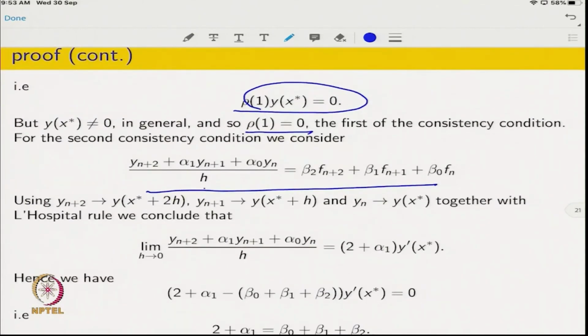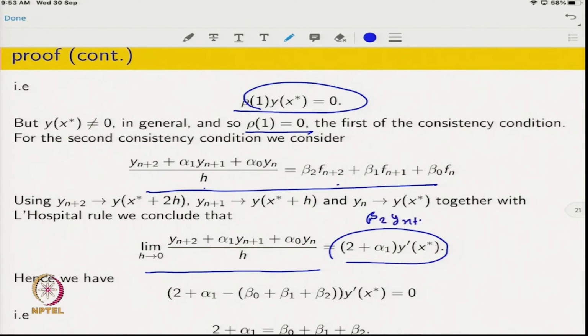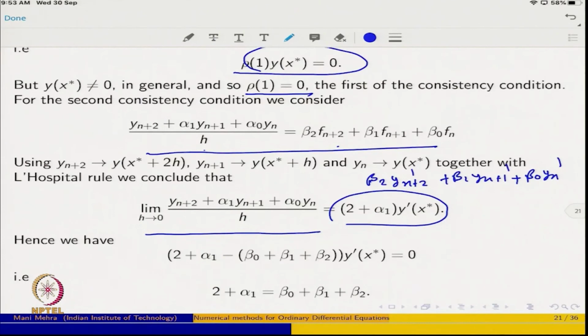Now, if we apply the limits, the left hand side becomes this, and the right hand side is basically beta 2 y(n+2) dash plus beta 1 y(n+1) dash. The left hand side will become 2 plus alpha 1.